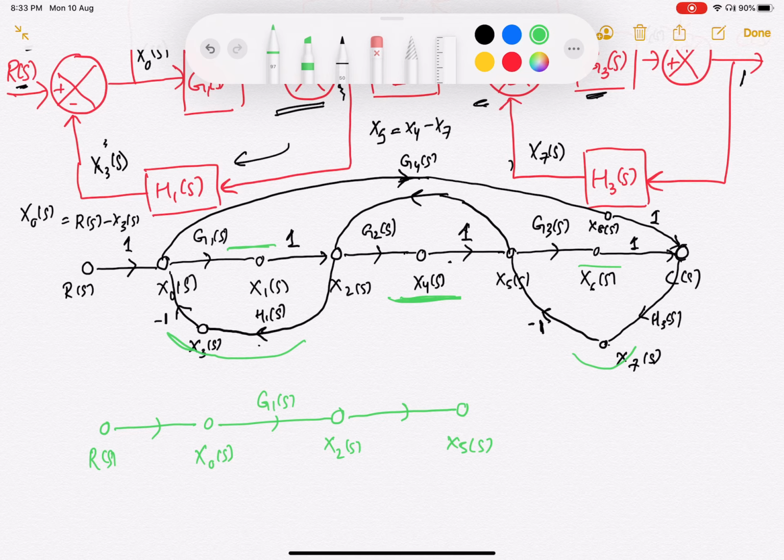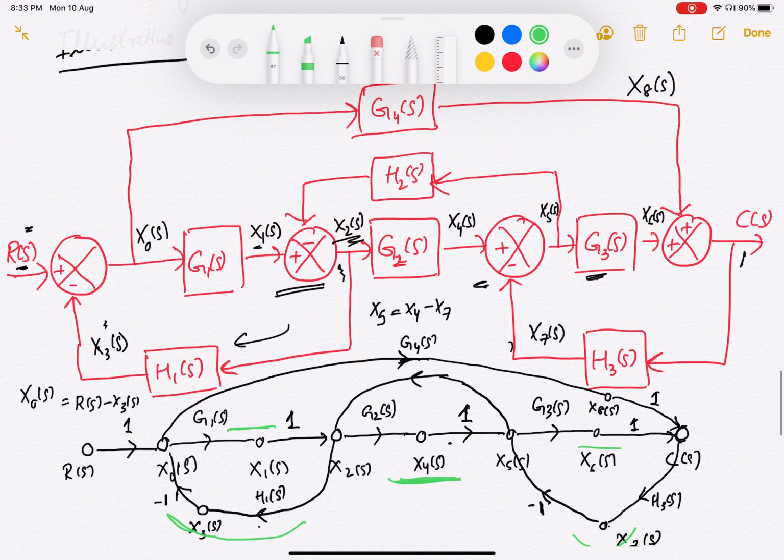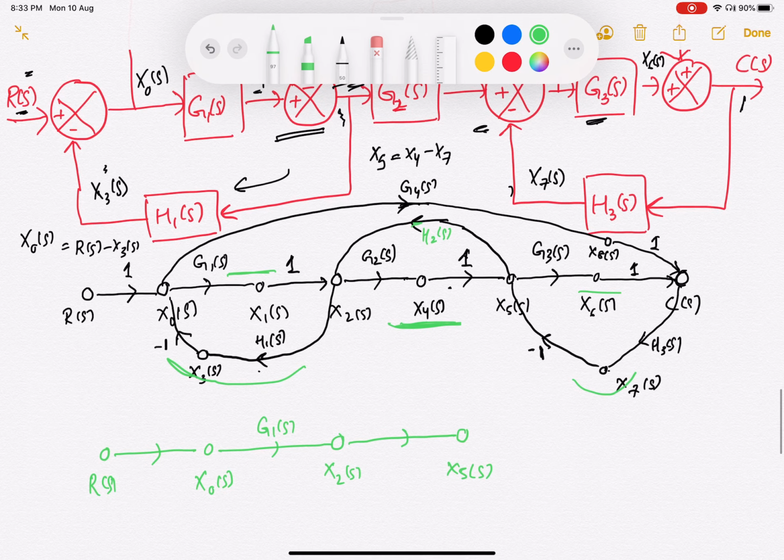And here, did I forget to write this down? So this was h2s, this gain, where you multiplied x5 with h2. So this is h2s, this gain in the reverse direction. So you can draw this one here.